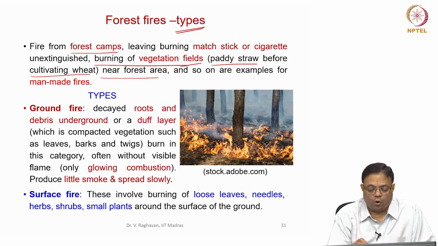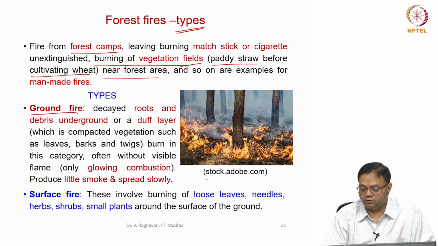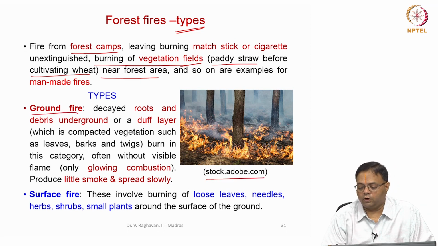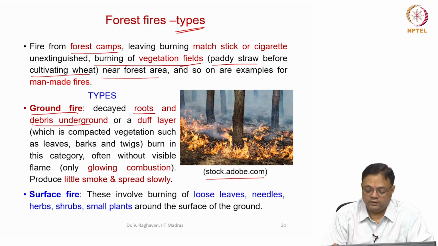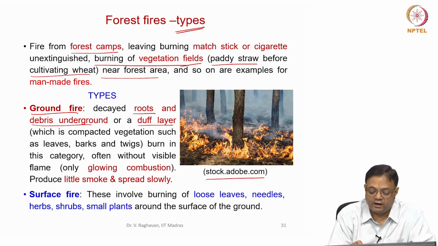Okay, now ground fire. It's taken from stock.adobe.com, which gives several pictures of this. The ground fire is like this, mostly happening in the ground, as the name suggests. The decayed roots and debris in the underground, or the duff layer, what we can say. That is, the vegetation is compact.